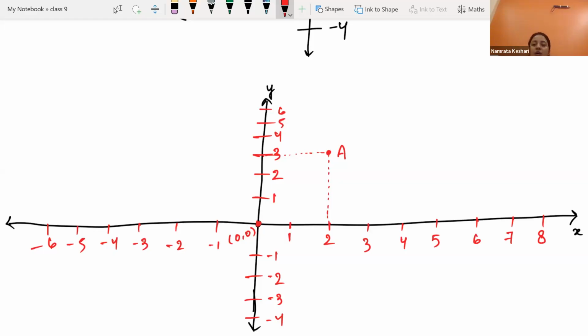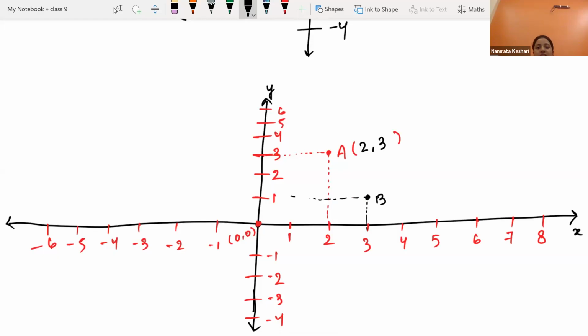Please tell me the coordinate of point A. 2, 3. Yes, the x coordinate is 2 and the y coordinate is 3. Is it clear to all of you? Yes, ma'am.